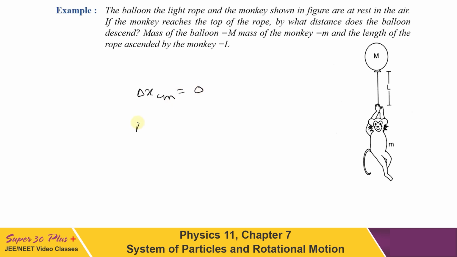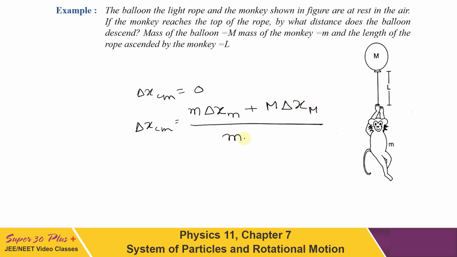Now what is delta X_CM? Delta X_CM can be written as mass of monkey m multiplied with delta X for the monkey plus mass of balloon M multiplied with delta X for the balloon, upon the whole mass, that is m plus M, and this has to be equal to 0.